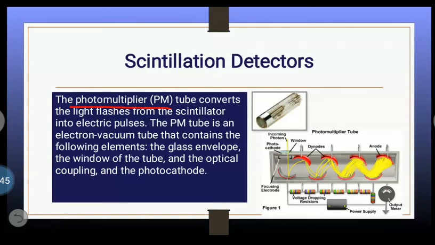So the photomultiplier tube is an electron vacuum tube that contains the following elements. We have the glass envelope, the window of the tube, as we said earlier, from the scintillator, the light is directed only to the window of the photomultiplier tube, the optical coupling, and the photocathode. By the way, class, the photomultiplier tube, as we read earlier in the table, is also called spectroscope.